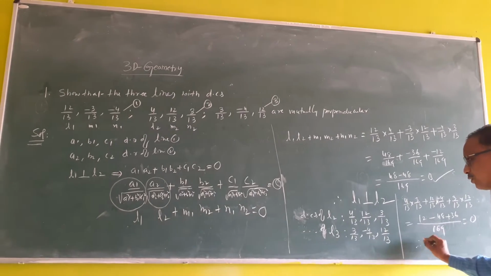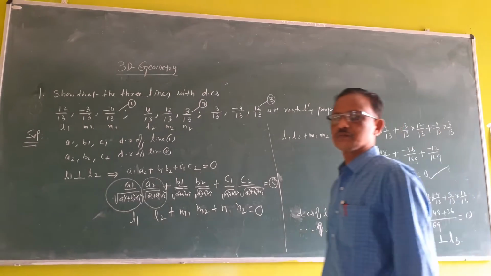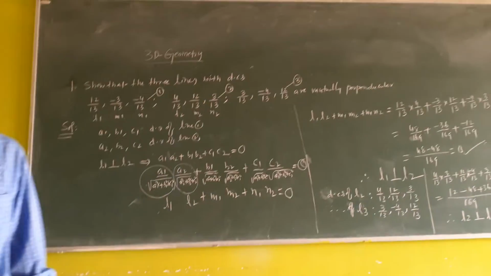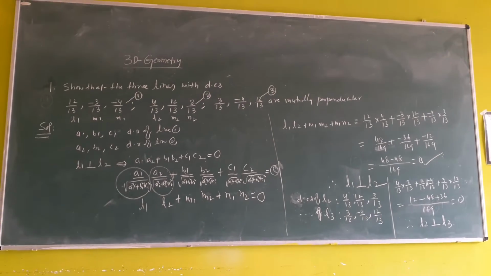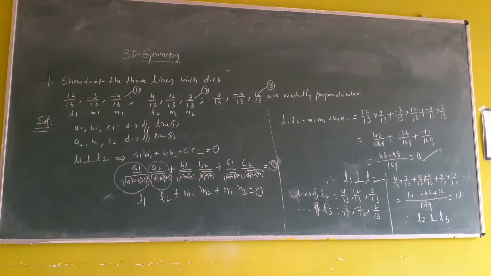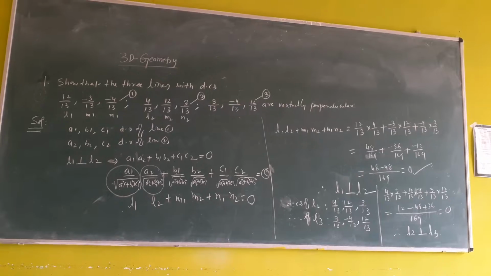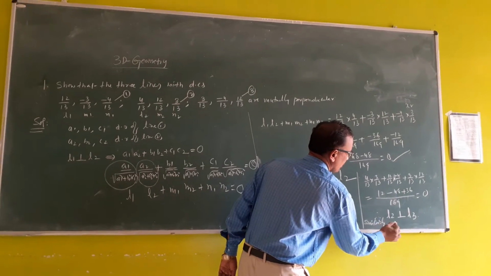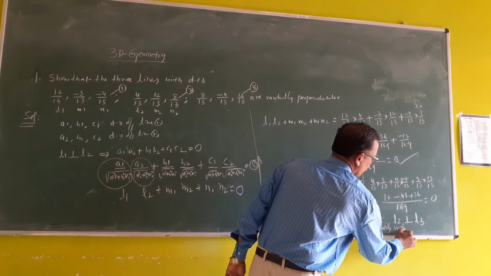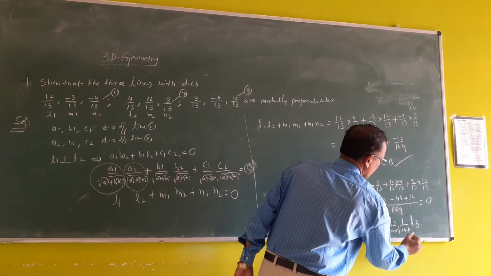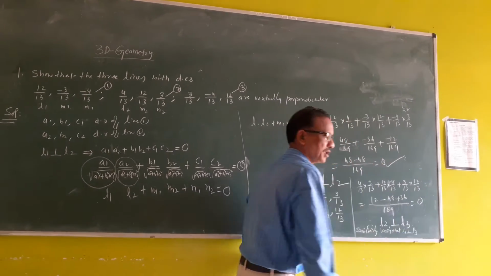So from this we conclude that L2 is perpendicular to L3. Right. Since L1 is perpendicular to L2 and L2 is perpendicular to L3, we can similarly verify that L1 is perpendicular to L3.